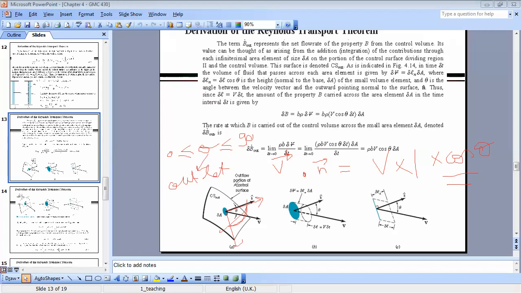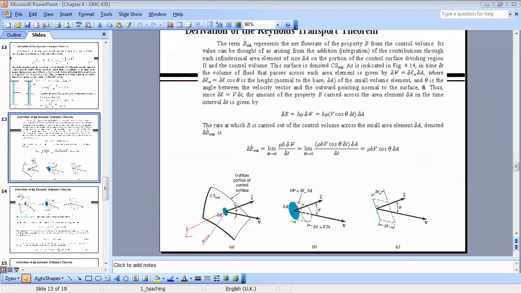On the other hand, if you consider theta between 90 and 180, then you will have an inlet. If your velocity vector is like this, for any value between 90 and 180, then your flow will cross the surface towards the control volume.